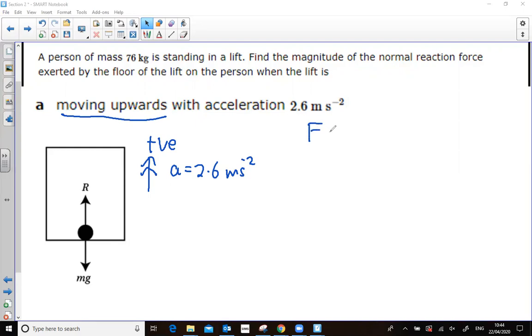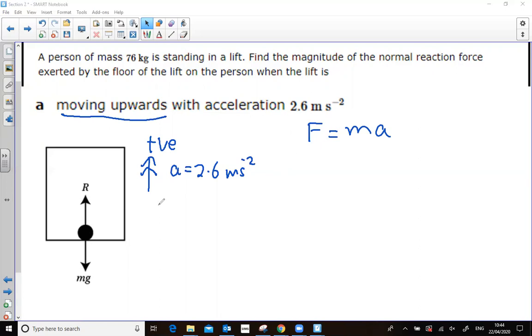So let's use F equals ma and write down our resultant force. So imagine this is the person, and those two will be the forces acting on the person. The weight, mg, will be acting directly downwards, and the normal reaction force acts perpendicular to the surface, which is the floor of the lift, and points directly upwards.